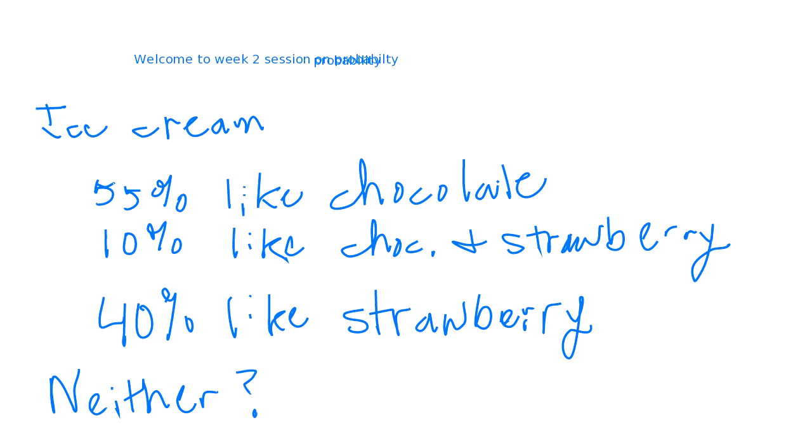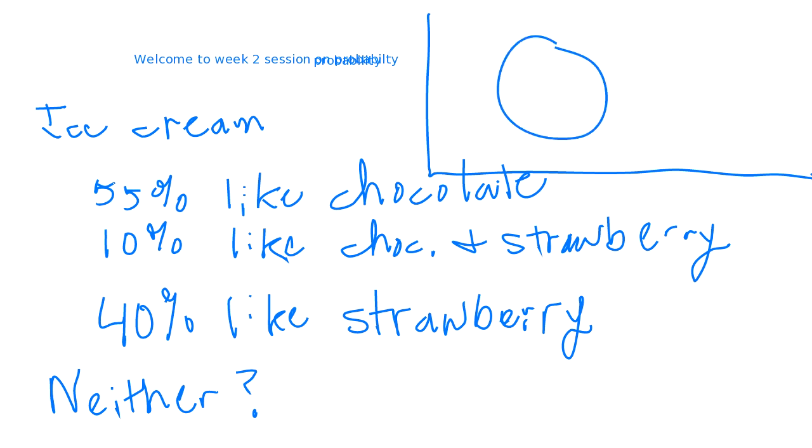So we're going to draw pictures like this. We're going to start slow. Before I go to another page, I'll just do the problem up here. So we have two flavors of ice cream. We have chocolate. Let's represent that as this circle. So C for chocolate. And then strawberry.